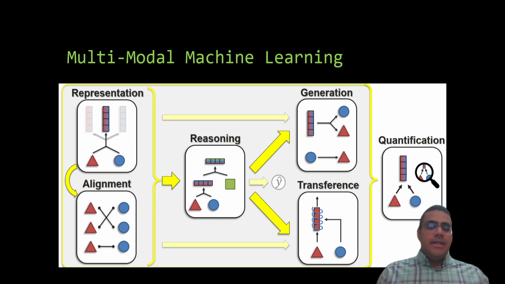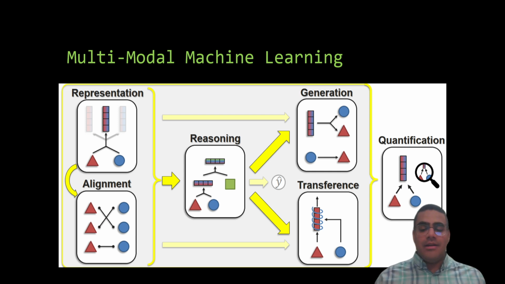We need to find a kind of representation that expresses the data and the mutual patterns and connections that are available in that specific modality, which is shared with other modalities at the same time. So we need to find a clever way of representing different modalities. This is called representation.